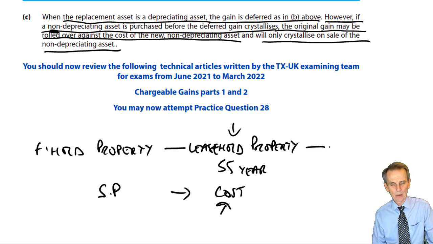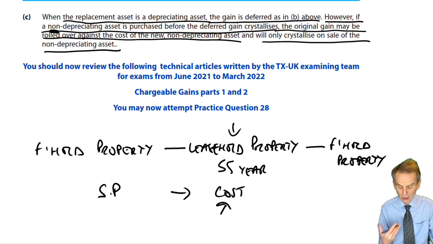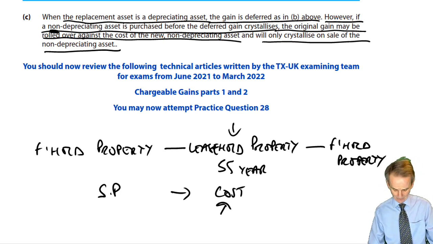Well, if what then happened is before we got to the 10-year anniversary, we were to replace that leasehold property with another freehold property. So we went back into a freehold property. If it's freehold, then it's not a depreciating asset. It's just a normal qualifying business asset.